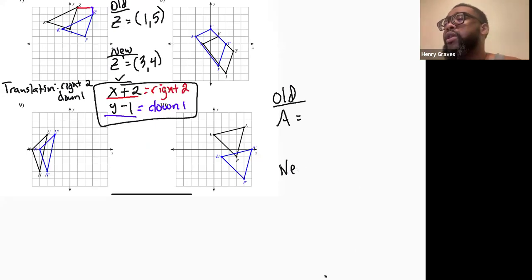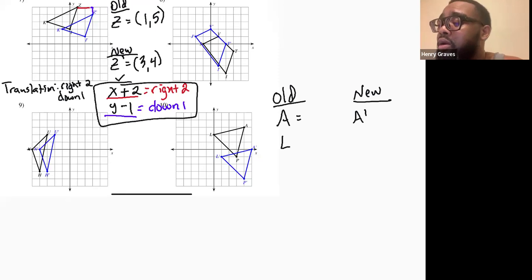Old and new, just like that. We have A, L, and P, and A prime, L prime and P prime.